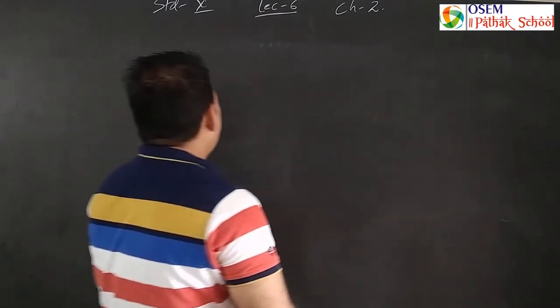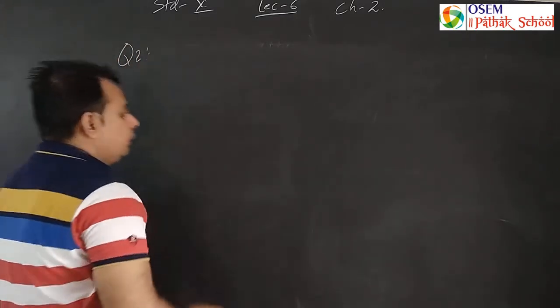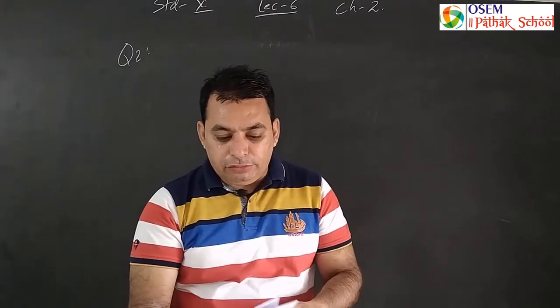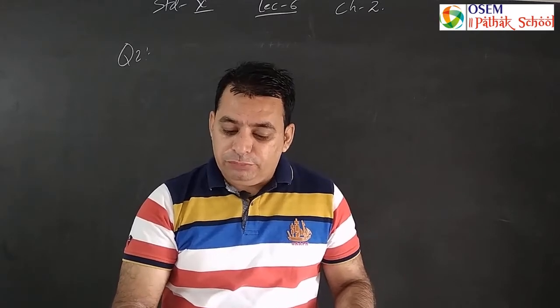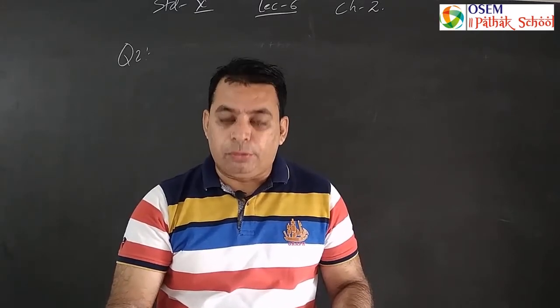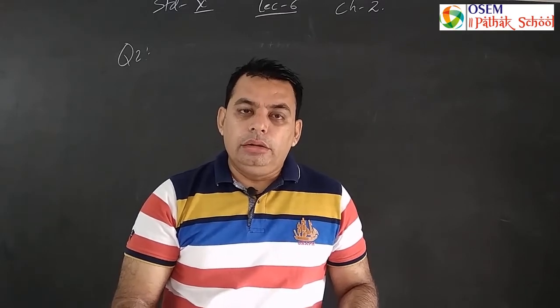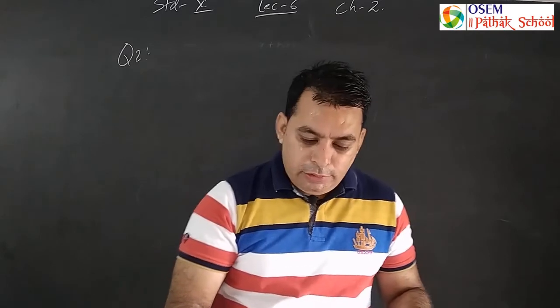You can see question number 2 over here in the textbook. Now I am reading out the question: find a quadratic polynomial, each with the given numbers as the sum and the product of its zeros.